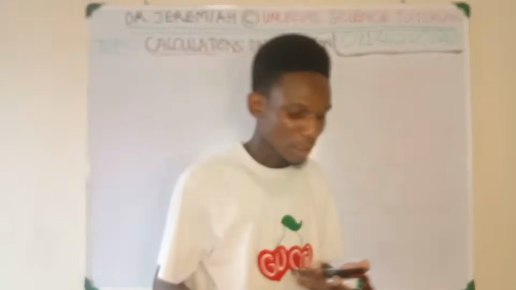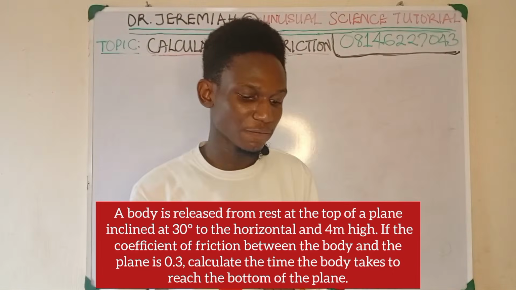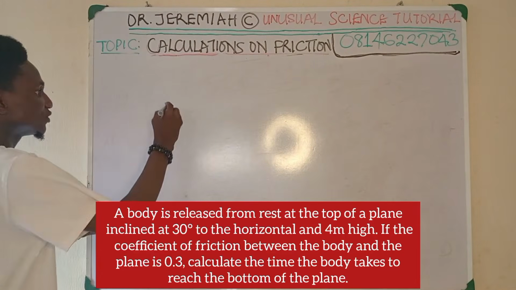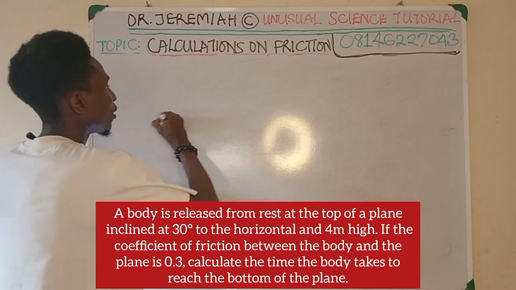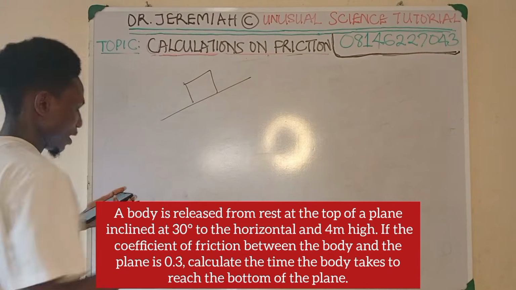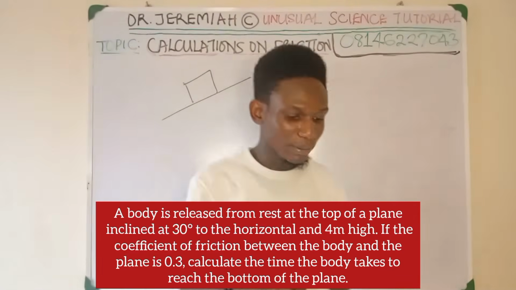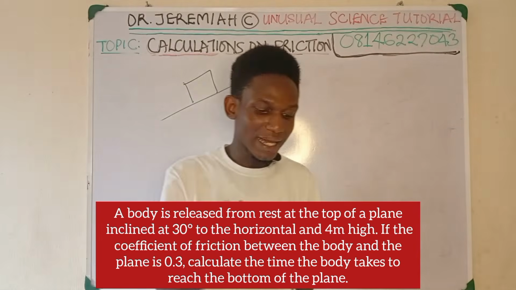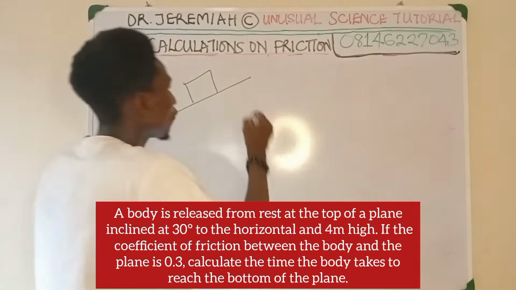Now it says the body is released from rest at the top of the plane, inclined at 30 degrees to the horizontal and 4 meters high. Let's just draw it.